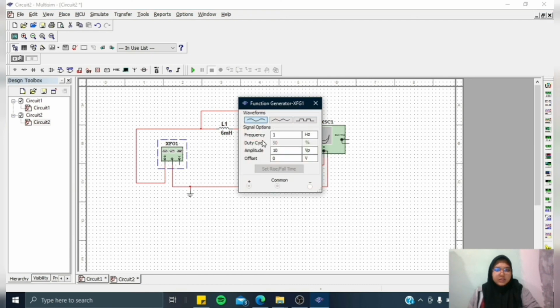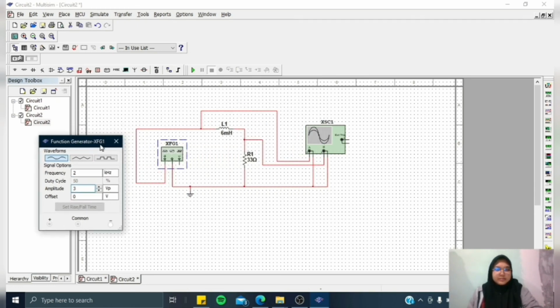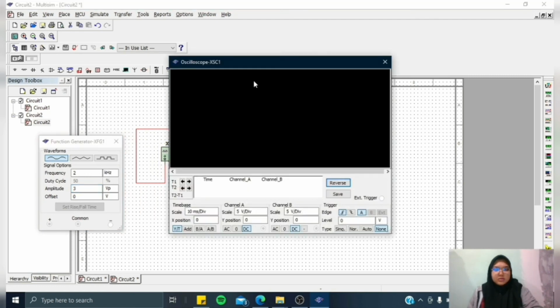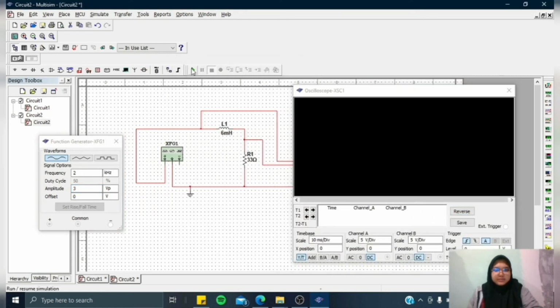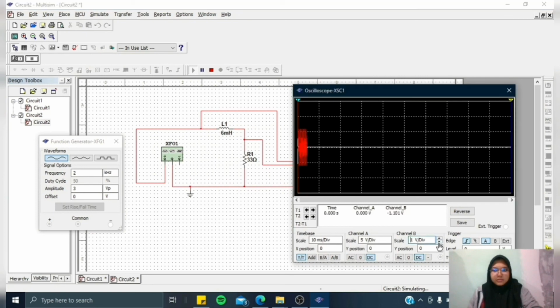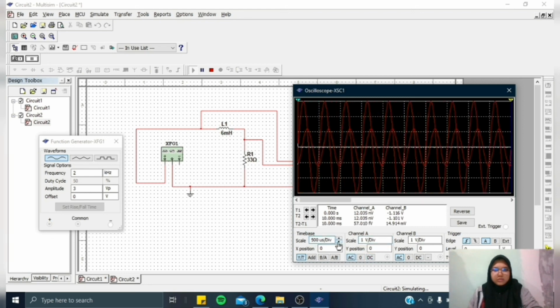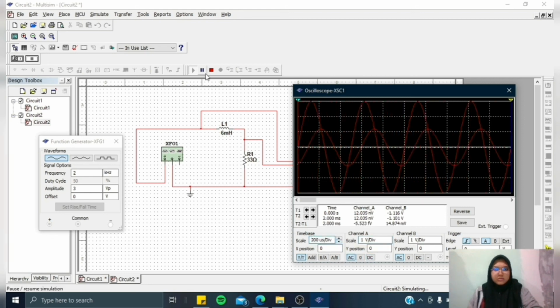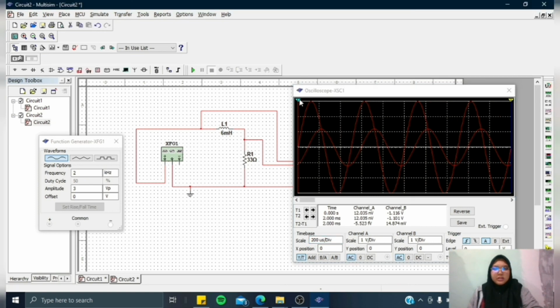Set the function generator for the frequency of 2 kHz and amplitude of 3. Start the simulation. And take the reading.